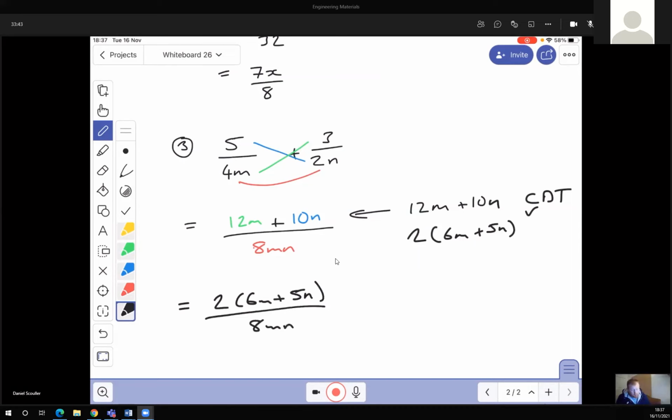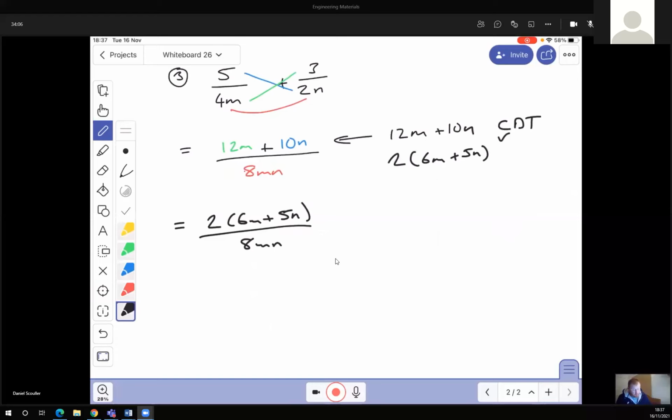And we can use our cancellation at this point to simplify this. So now it's just a multiplication of a term. Now the number's outside the bracket, we can simplify that down. So that simplifies down. 2 goes into 2 once, and it goes into 8 4 times.